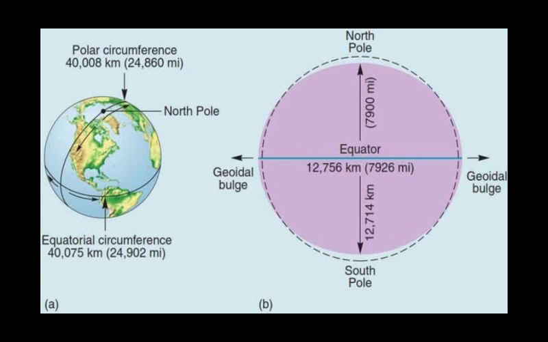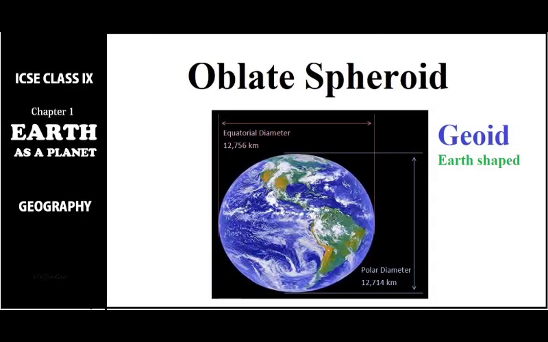That means the north pole and south pole regions are slightly flattened. The equatorial region, that is the right and left, is slightly bulged. Just imagine a perfect orange. So it has an overall shape like an orange, and this shape is called an oblate spheroid.